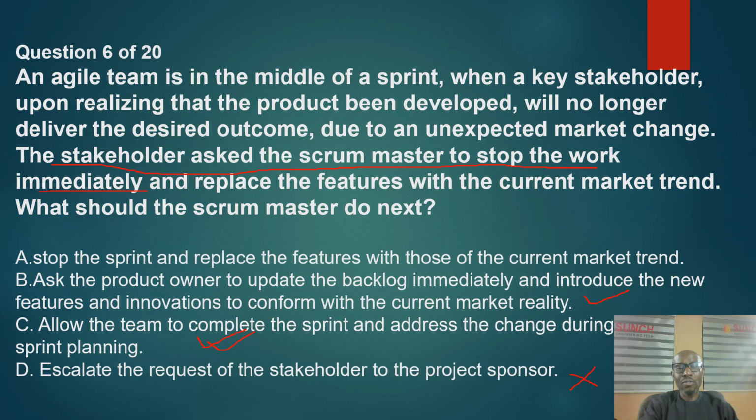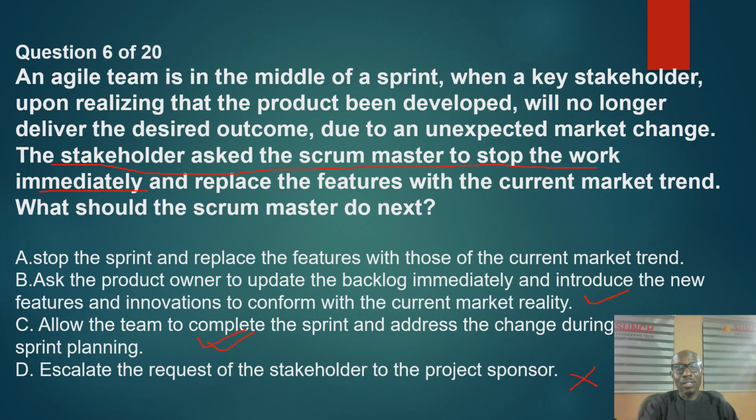You first complete the sprint, then you address the issue during the next sprint planning meeting. If you discard, reintroduce the new features into the backlog, and you agree on what to do next.